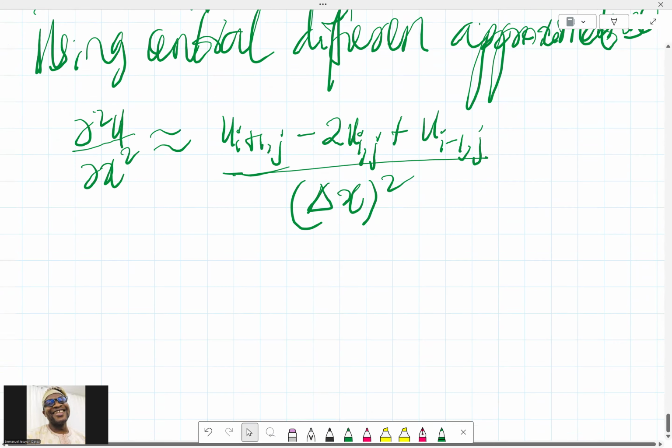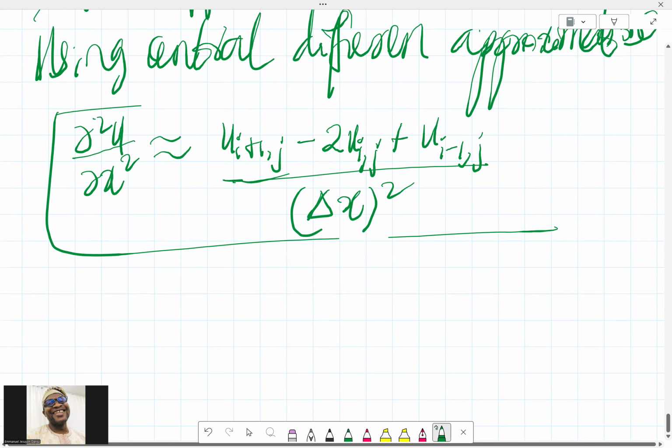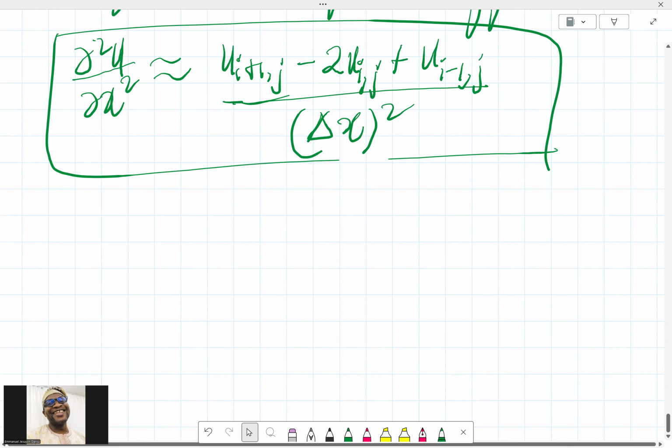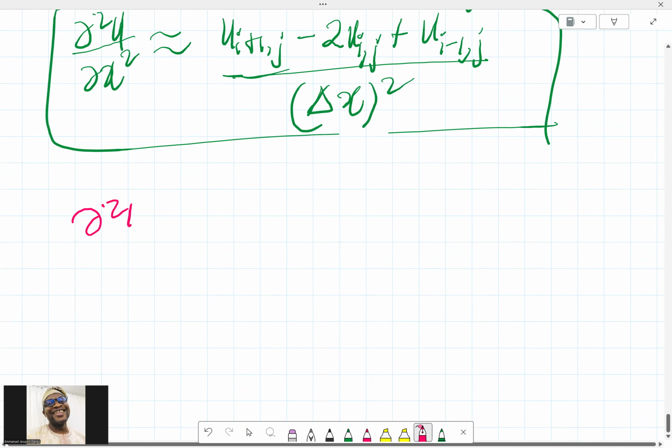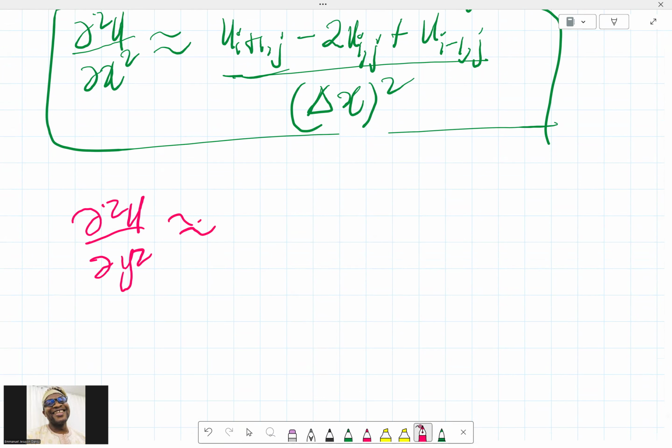So we have that for that. We can also have partial squared u partial y squared to be approximately (u_{i,j+1} minus 2u_{i,j} plus u_{i,j-1}) all over delta y all squared. The focus is on j now.